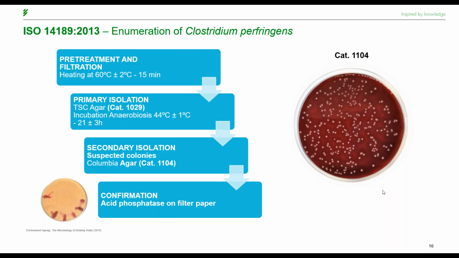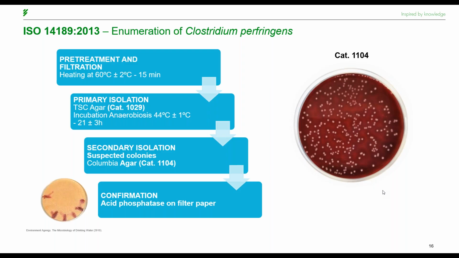This microorganism is very interesting since it exists in the intestine as vegetative cells and in spores that we all know are very resistant to certain conditions. So they can remain in water for a long time, also more than some of the enteric bacteria that we have reviewed. Therefore, its presence may indicate remote or intermittent fecal contamination.